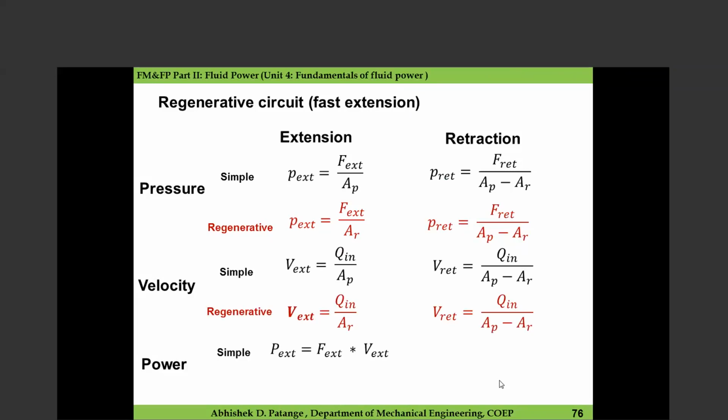On the other hand, retraction velocity for simple and regenerative circuits will be the same, the formula will be the same. Power for the simple circuit depends on velocity of extension, and for the regenerative circuit it obviously depends on velocity of extension too, but the velocity of extension is greater while the load carrying capacity is less, so pressure remains the same according to Pascal's law. For retraction, the power required will be the same for simple and regenerative circuits.